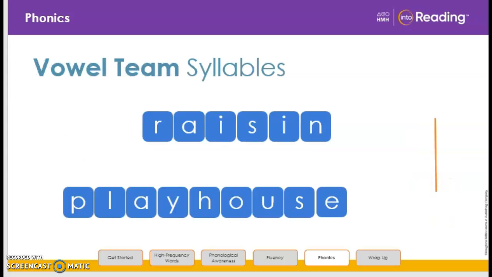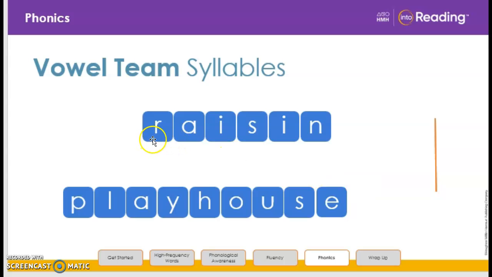Okay, look at the first word. What word do we have? Raisin. This word has the long A sound spelled AI. The second syllable has the closed CVC pattern. So listen as I blend the first syllable, R, A, I, and now the second syllable, S-I-N.